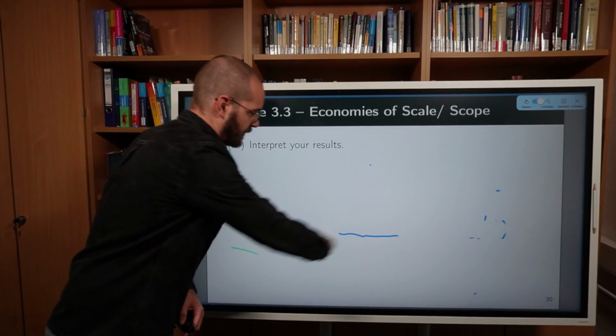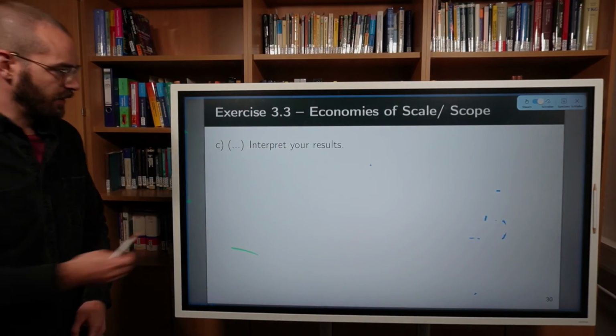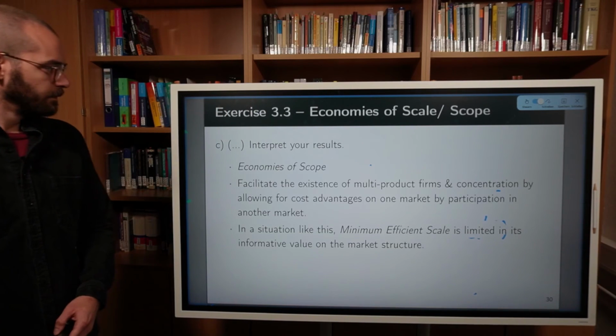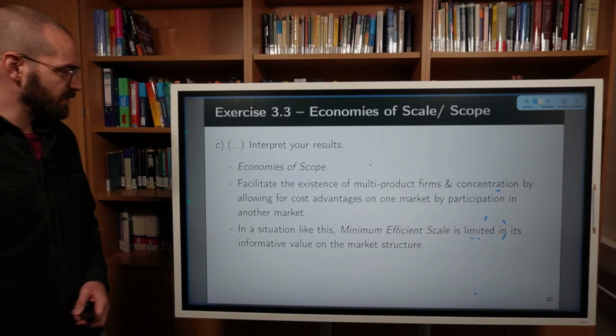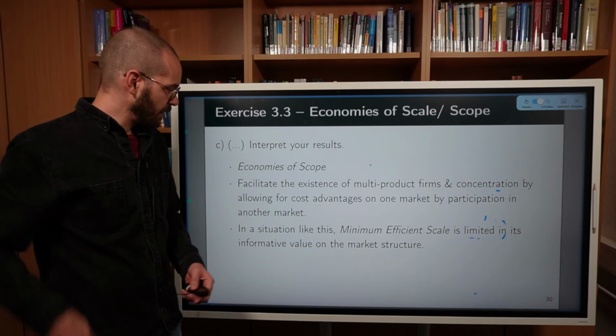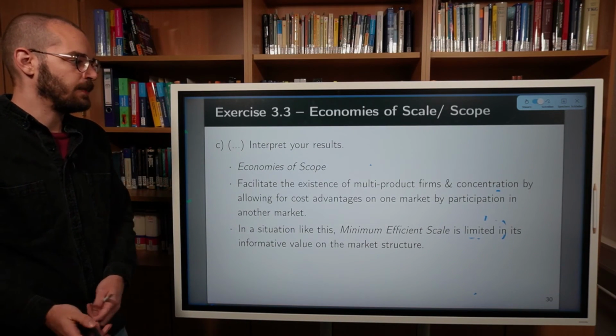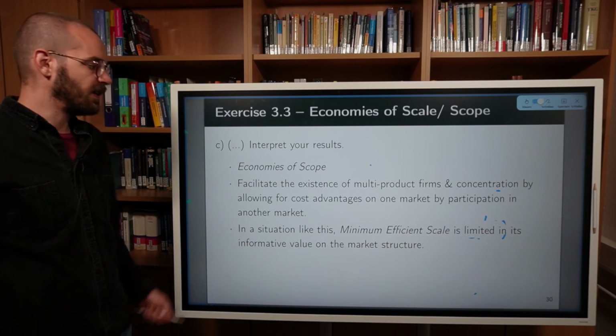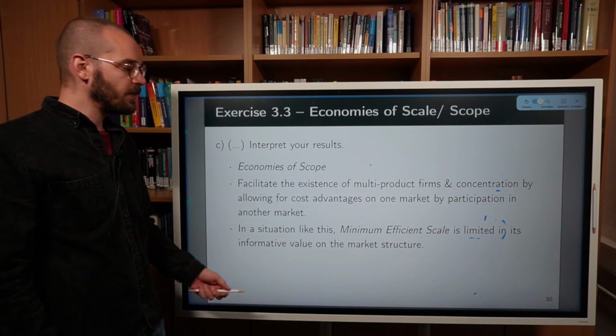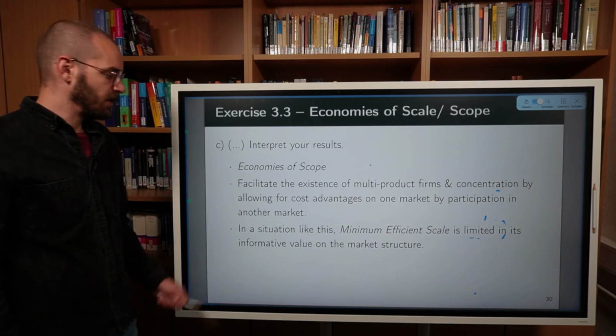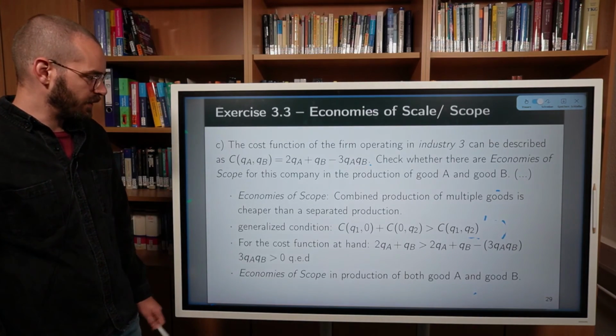All right. Now, finally, we are asked to interpret our results. So, these economies of scope facilitate the existence of multi-product firms and concentration by allowing a cost advantage in one market by participation in another market. That is exactly what we are seeing here now.